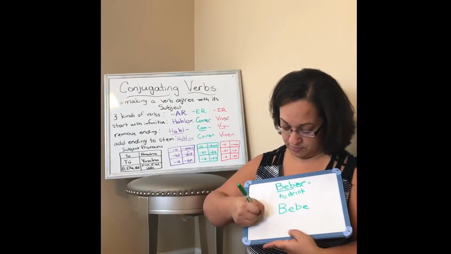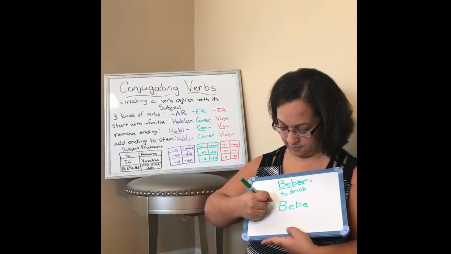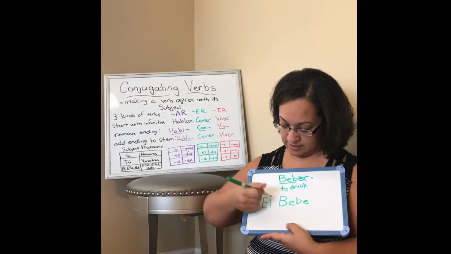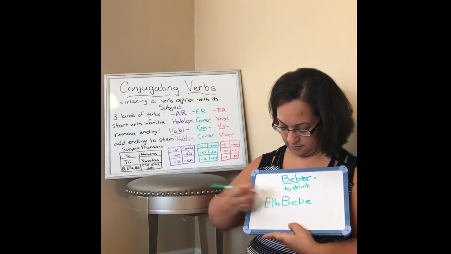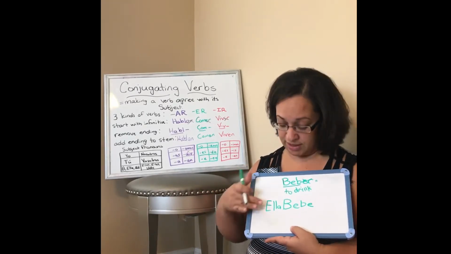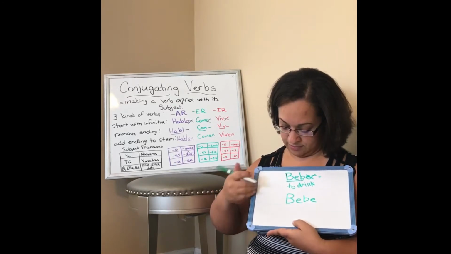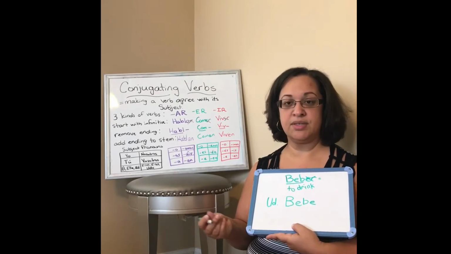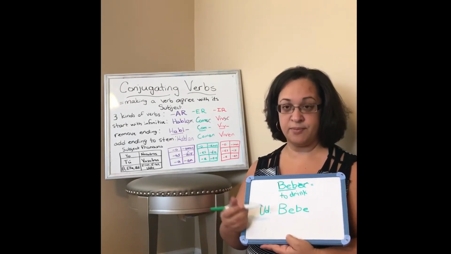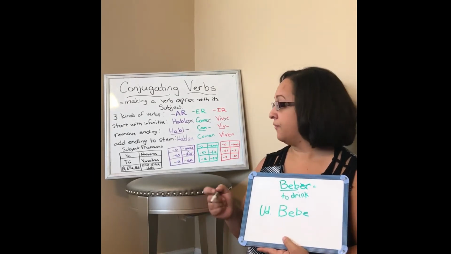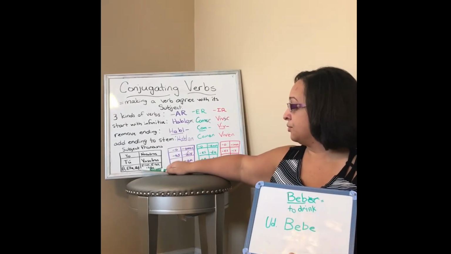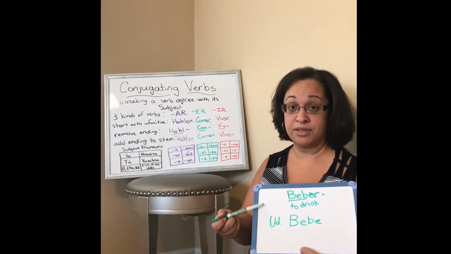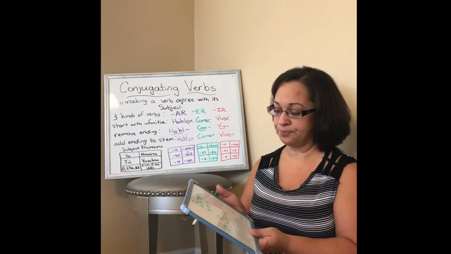So you would put él bebe, he drinks, or ella bebe, she drinks, or usted, remember our abbreviation for usted, UD, usted bebe, okay? So for the last two, where it could be several, you might want to clarify with the subject pronoun, okay?